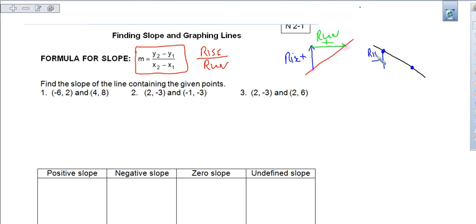So our rise in this case is negative, and then we move to the right horizontally, which is indicated by a positive. So here we have a negative rise divided by a positive run, and one negative divided by a positive gives us a negative slope. And we use m as our variable for that.